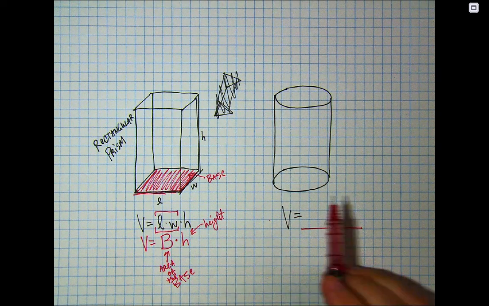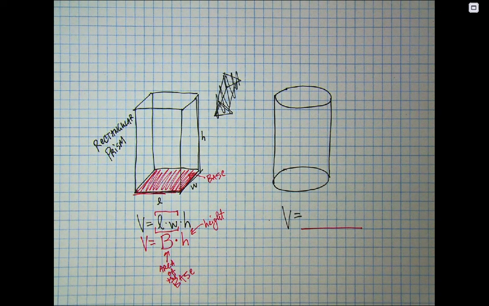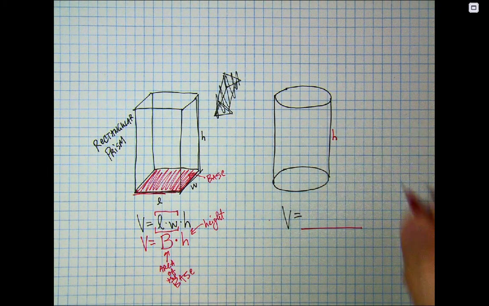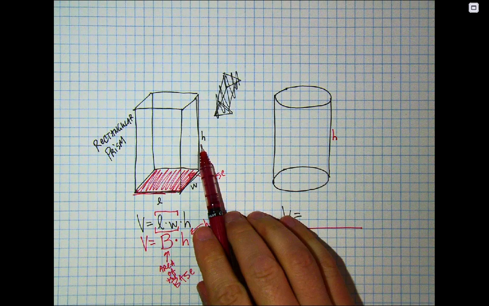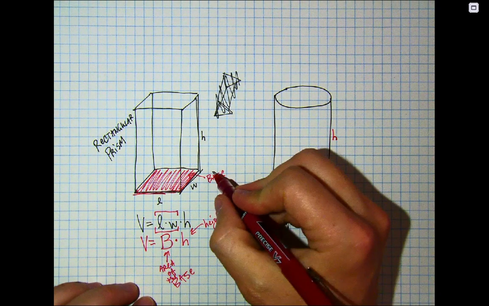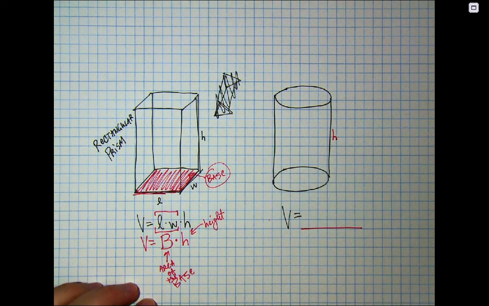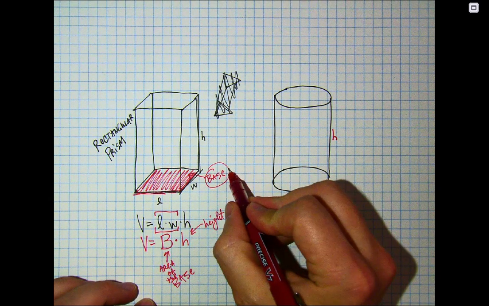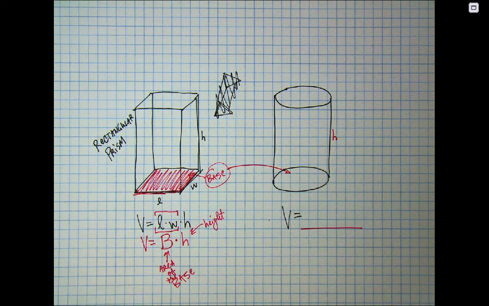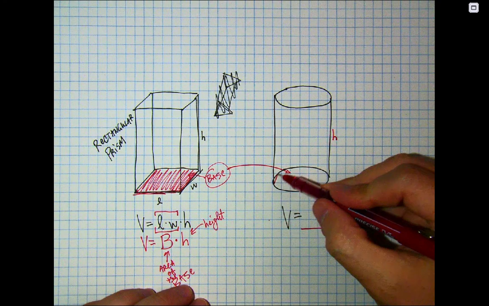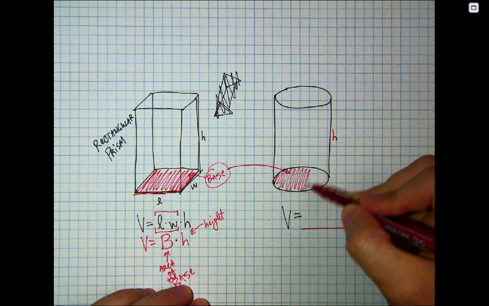So let me ask you a question. Does a cylinder have height? Yeah, a cylinder has height, just like a prism has height. Does the cylinder have a base? Yeah, the cylinder has a base. This would be the base of the cylinder, right? And it would match with the circle that's on the top.